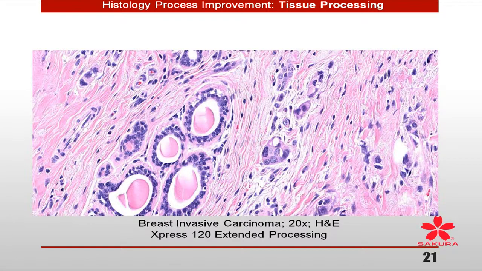What I want to do is just put a couple of tissue micrographs here at the end. These were used on Express 120 and then scanned. These are rapidly fixed. These are rapidly processed, and we see great nuclear detail. With every instrument that was on that list, you can achieve precision processing.